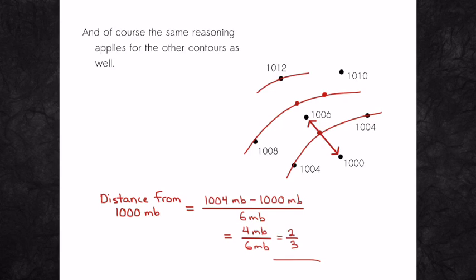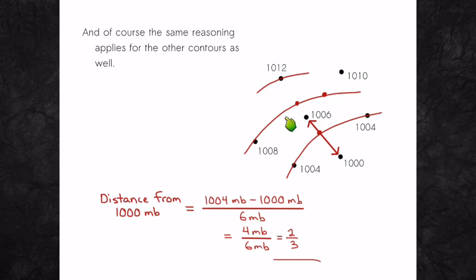Now, one thing I should point out about this is that when you're drawing contours, you always want to be taking the same interval between your contours. That is, we drew a contour for 1004. The next one was 1008, which was an increase of 4 millibars. And the next one was 1012, which again was 4 millibars. So that way you know that anytime you go from one contour to the next, you know how big the pressure difference is without having to go through and read all the numbers.